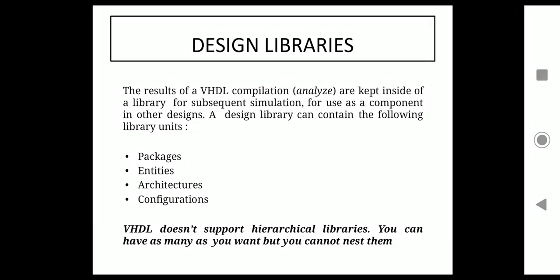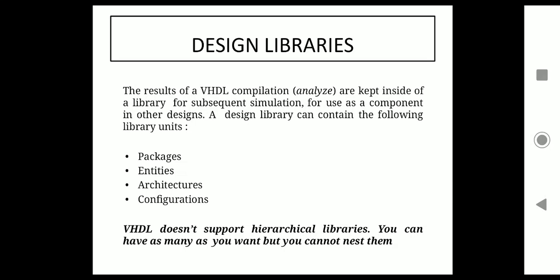Now, in the last part, part 2, we covered the four major parts of any VHDL program: packages, architecture, configuration and entity. Now the last and very important part that we are going to cover, before we move towards our next bit, is design libraries.